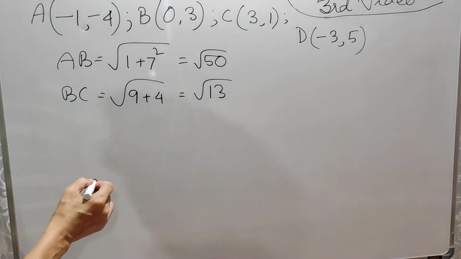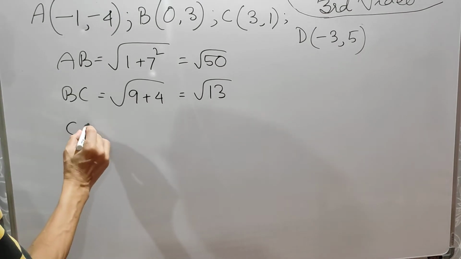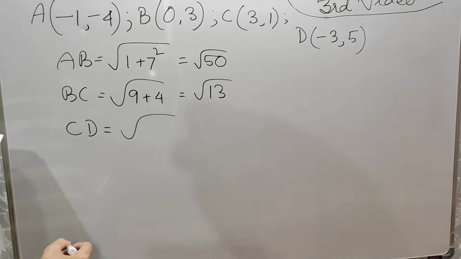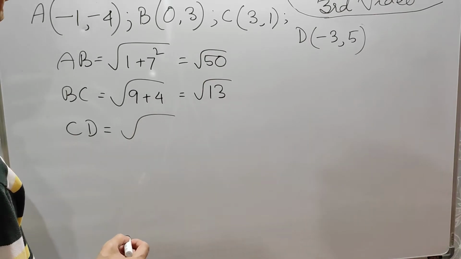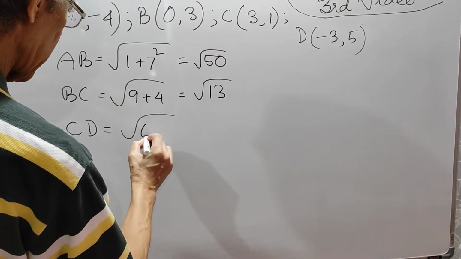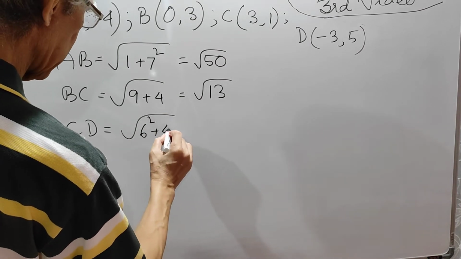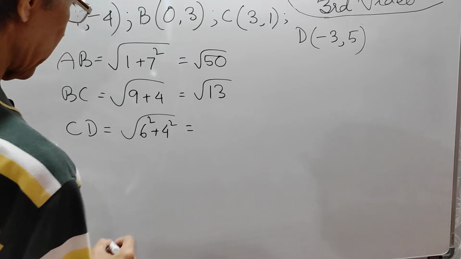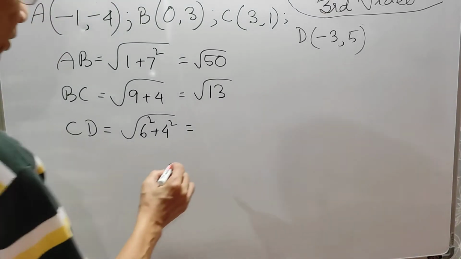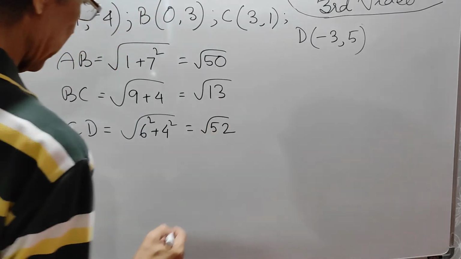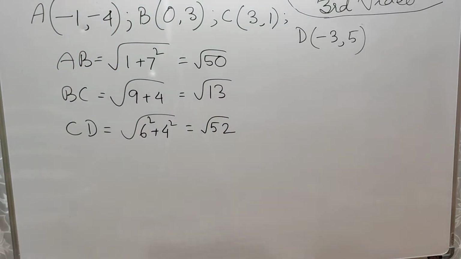All right. Then CD. What is CD? CD will be 6 squared plus 4 squared. That means 36 plus 16, which will be root 52.